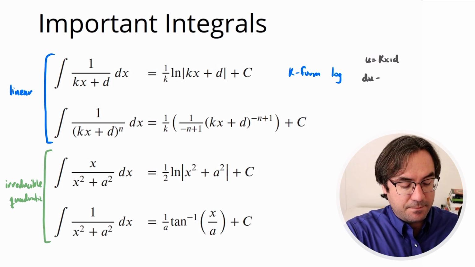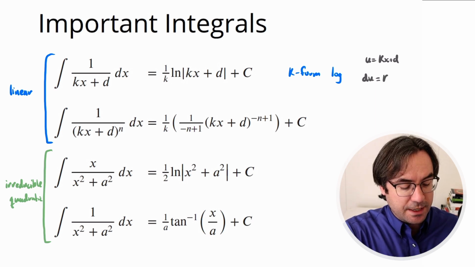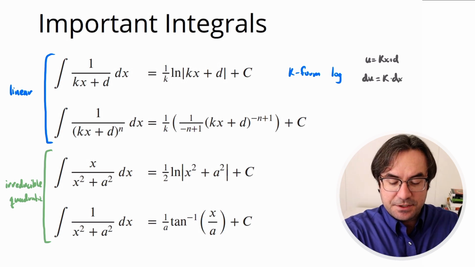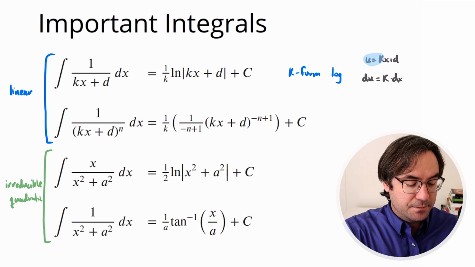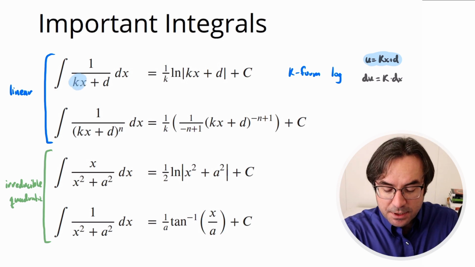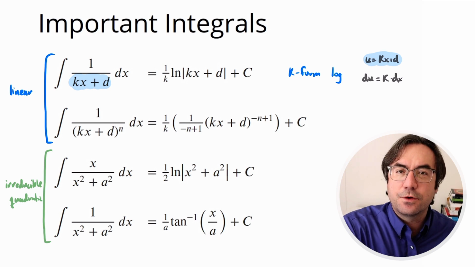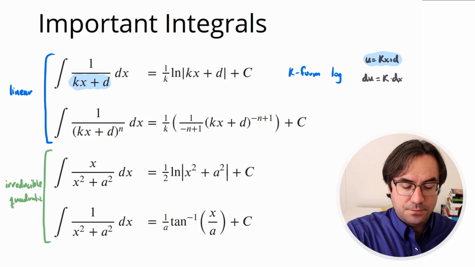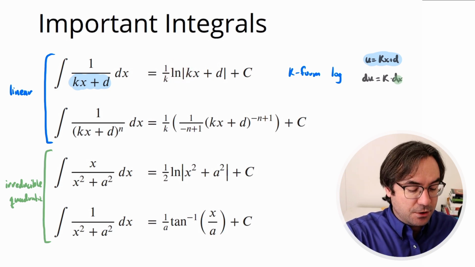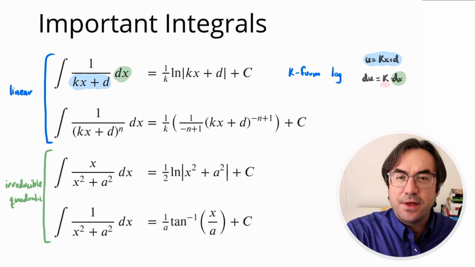And then when you calculate the differential du, you're going to get k times dx. And if you see how the pieces are going to substitute in, the kx plus d is just going to become 1 over u. And we know the integral of 1 over u is natural log u. So that's where the natural log's coming from. And with the differential, we've got a dx, but we have to do something about that k.